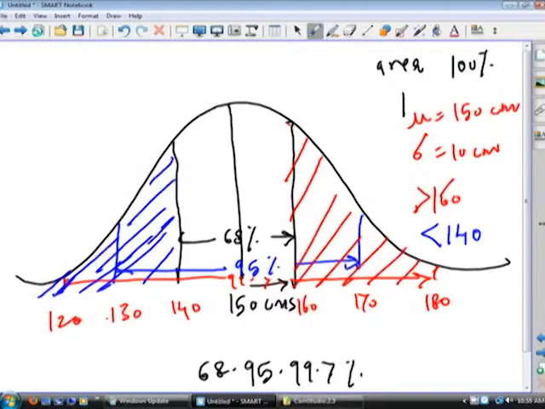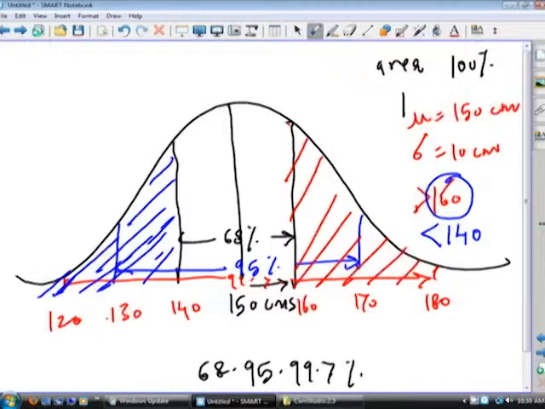So if the figures given in the question like 160 or 140 are in terms of the standard deviations away from the mean, like in this case 120, 130, 140, 150, then we can easily figure out what is the probability for the distribution from this rule. We don't need to go to the z table and everything.